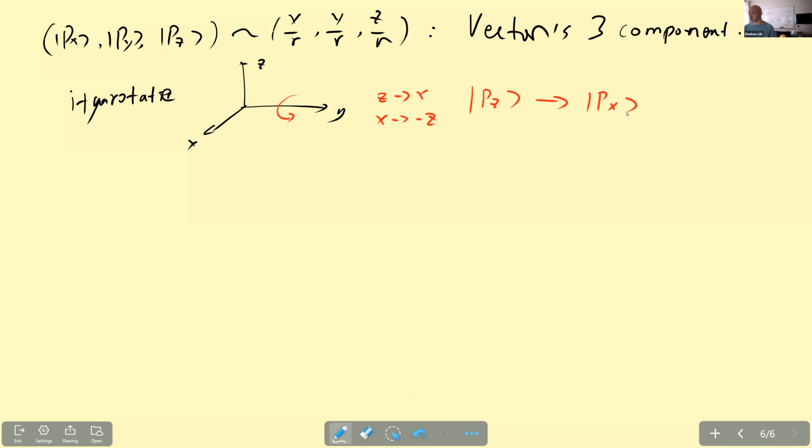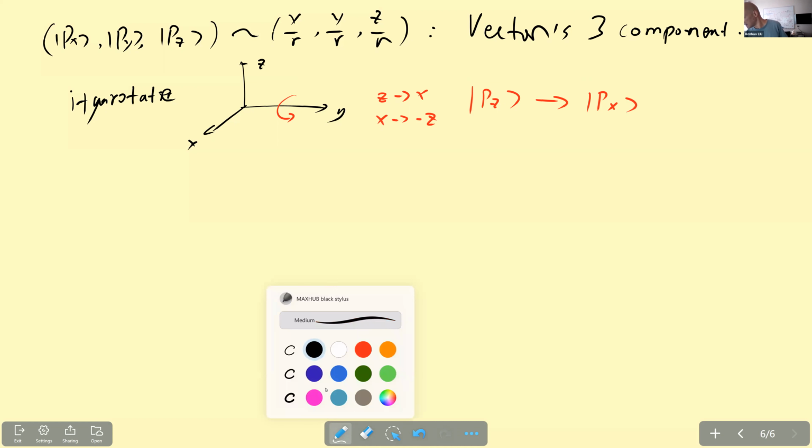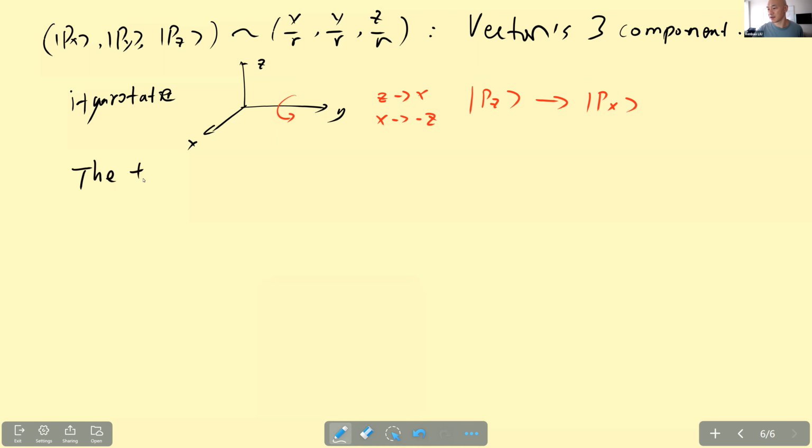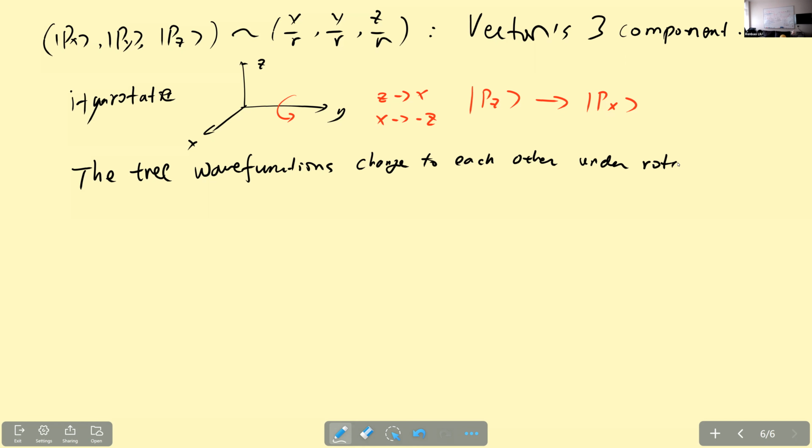Okay, so that means the 3 wave functions change into each other on rotation, the same as the 3 components of a vector.